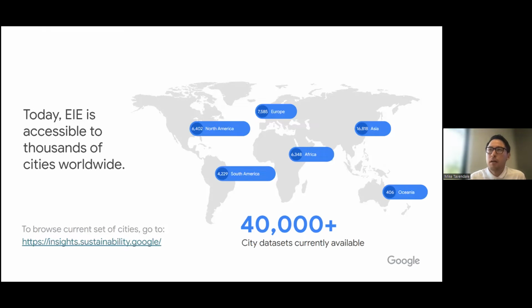And then from what we've typically seen, buildings would follow as far as the number of places where we have buildings data, and then solar rooftop potential. Again, it's a free platform, so if you haven't signed up already, I definitely encourage you to do so at insights.sustainability.google. Next slide.